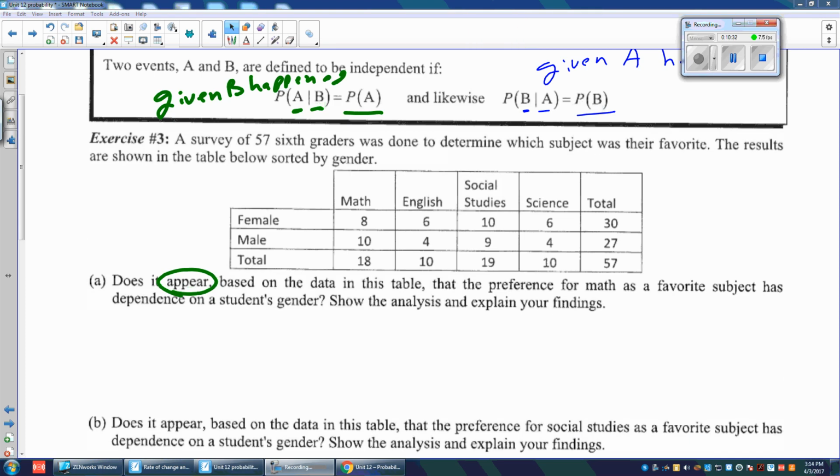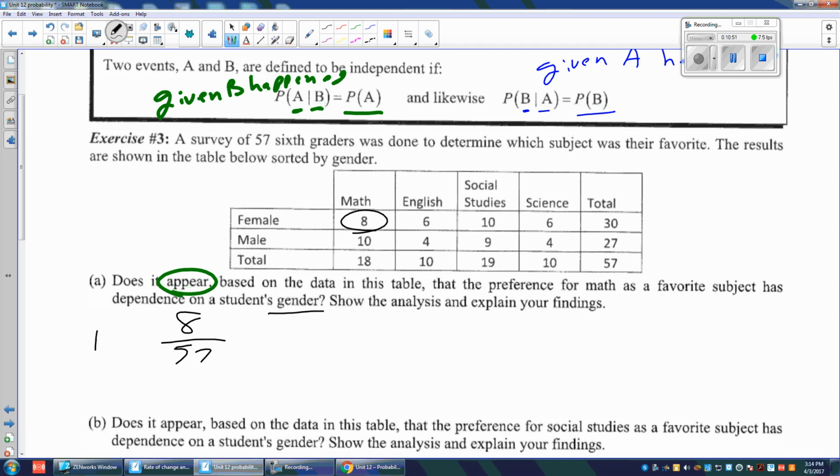Okay, so what we're going to do is take, does it appear that it's based on the data for a student's gender? So let's take a female, and the fact that it is 8 out of 57, that's the probability of A. Does that equal the probability of A given that they are a female?